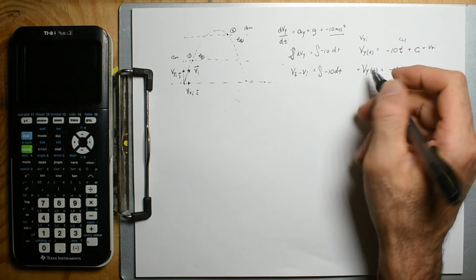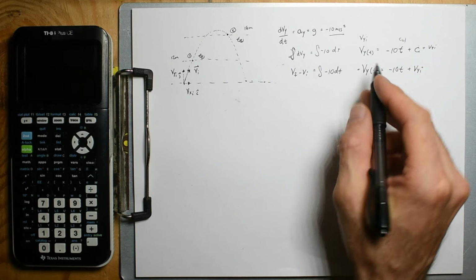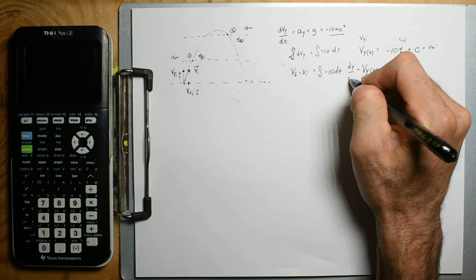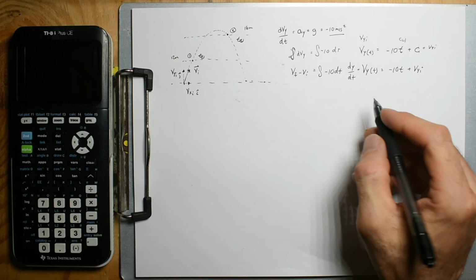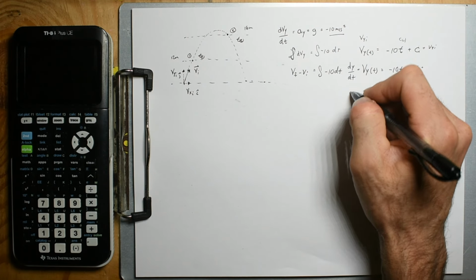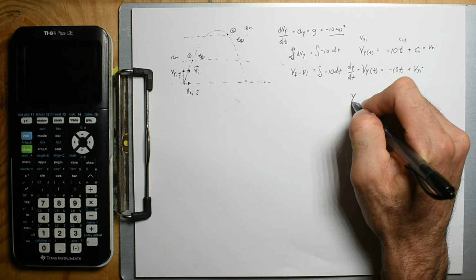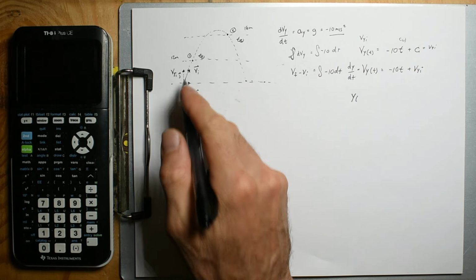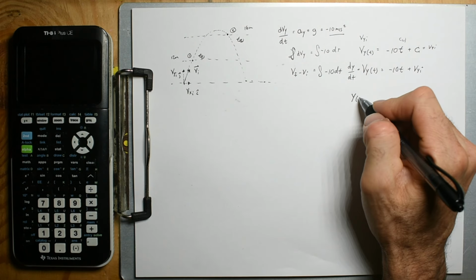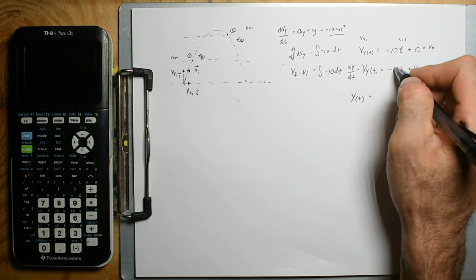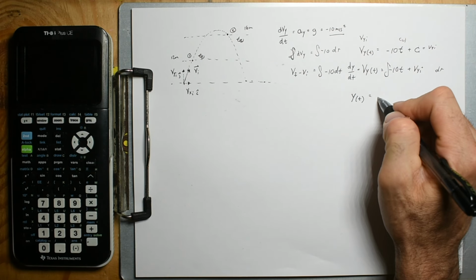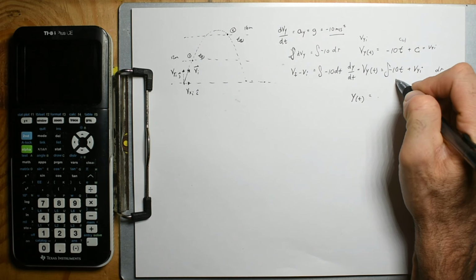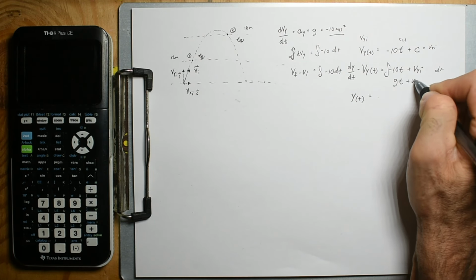I can do the same thing. I can say that the velocity is just change in position over change in time. The change in position is in the y direction. And so I can separate variables, do that same thing. When I integrate this side, I'm going to get an equation for y, the height of this projectile, as a function of time. After integrating this side, I'm going to have gt plus vyi.